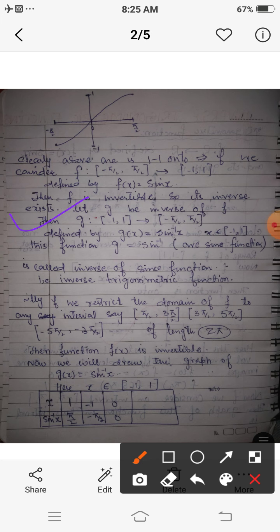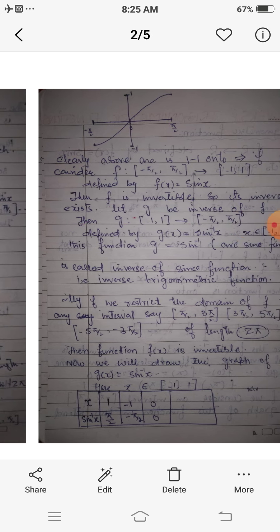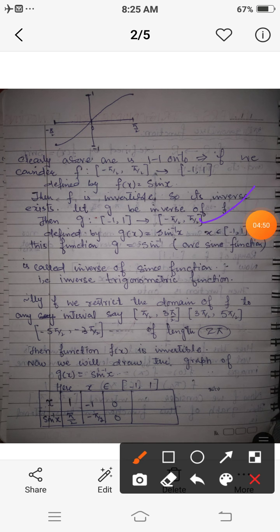Then g is the function from minus 1 to 1, because minus 1 to 1 is the range of the sine function, so the range of its inverse is the interval minus pi by 2 to pi by 2. And this function is defined by g of x equals sine inverse x, x belongs to the interval minus 1 to 1.